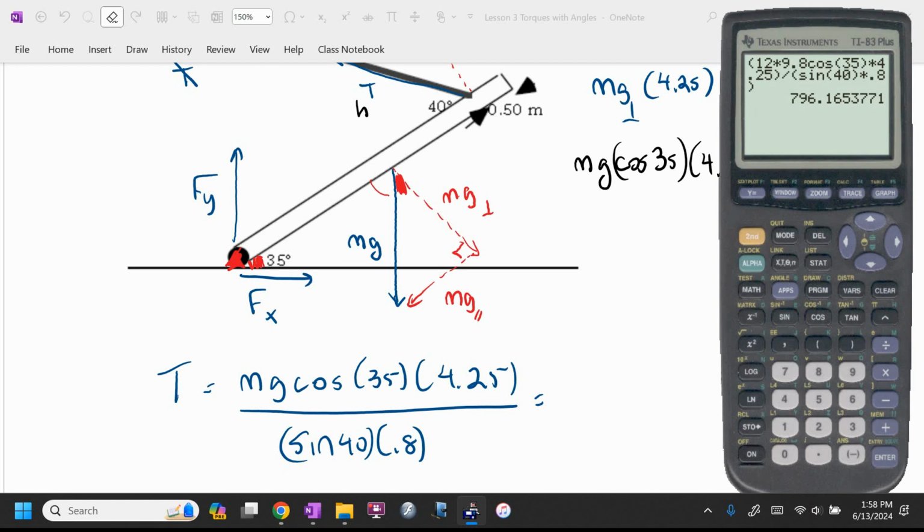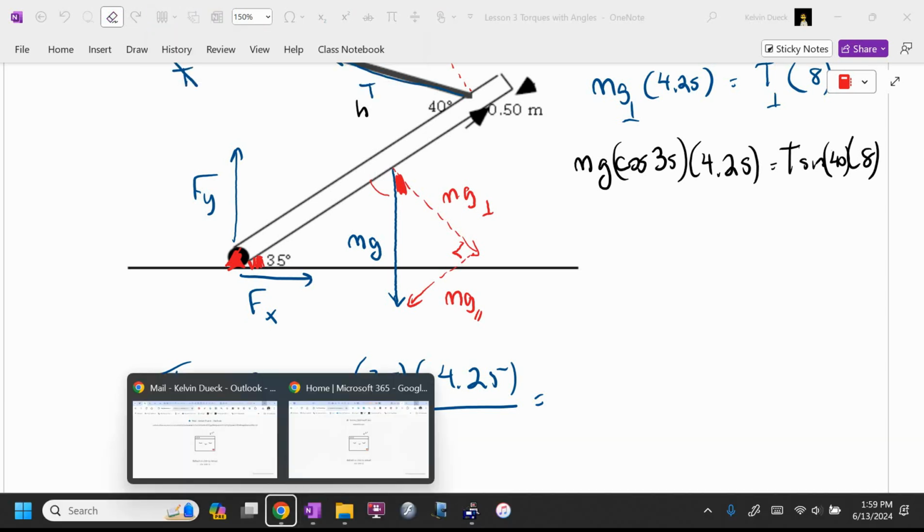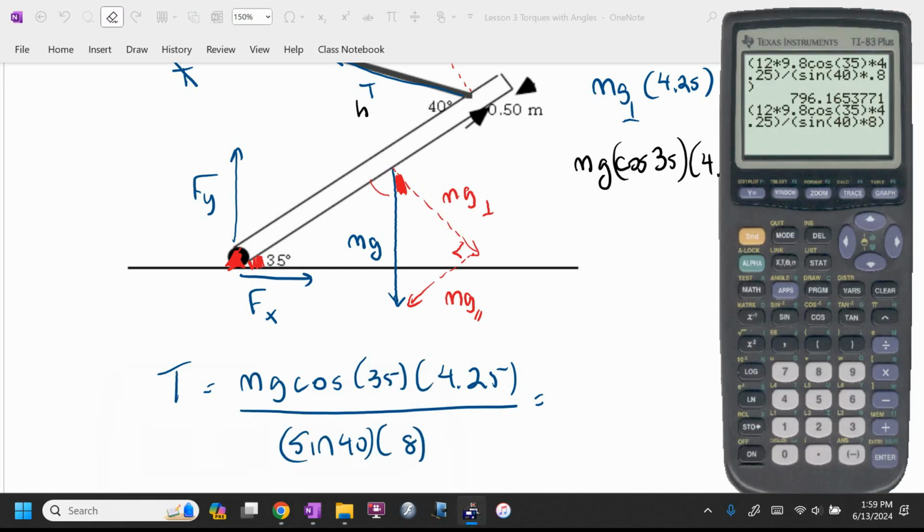I made a typo here, didn't I? Sure I did. Not 0.8, it was 8. I don't know why I dropped a point. It's an 8. 79.6? Yeah.